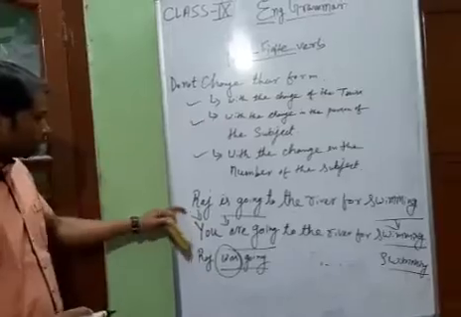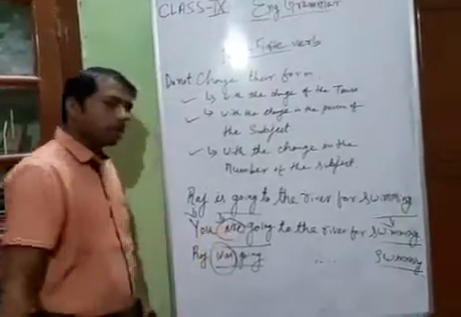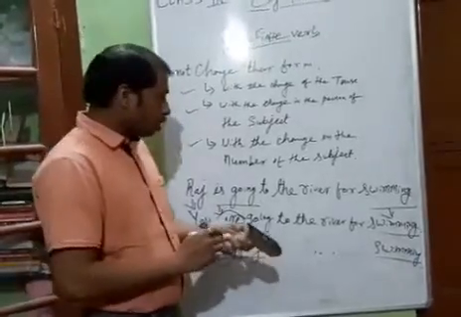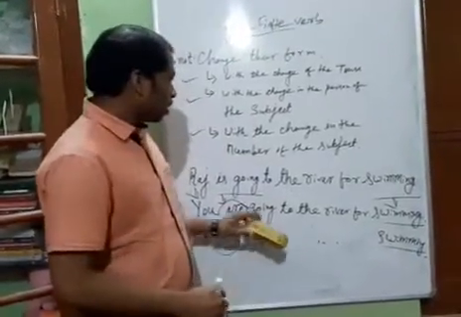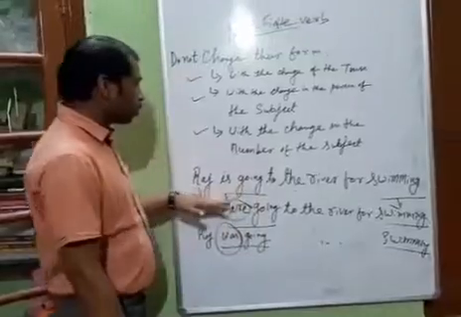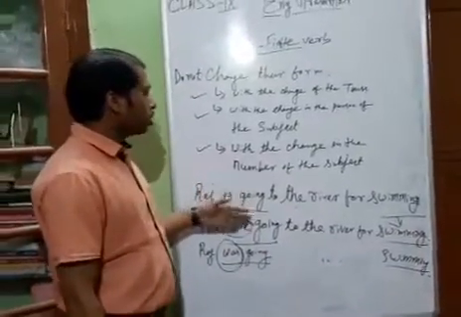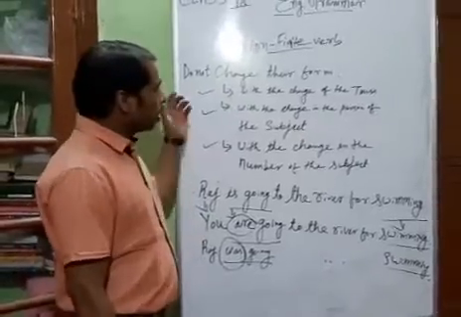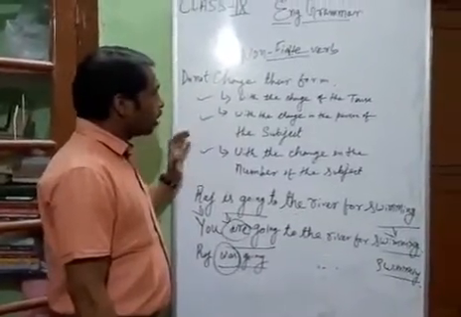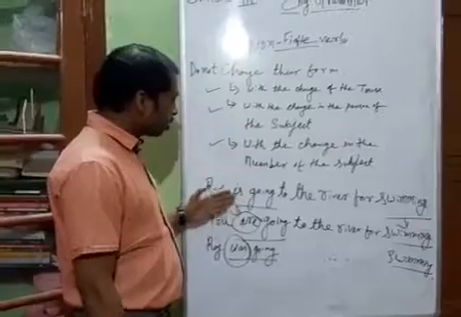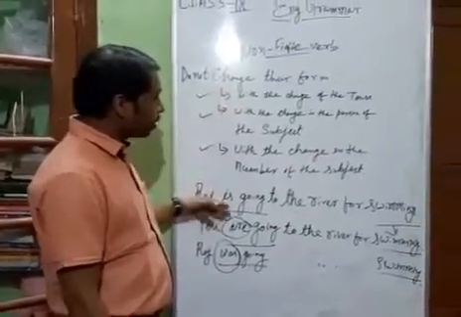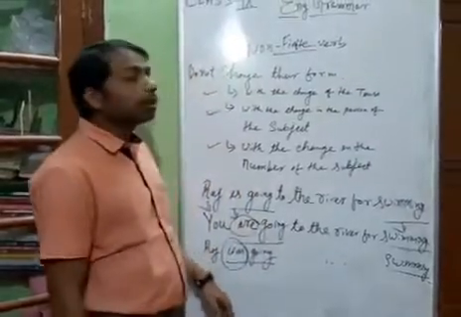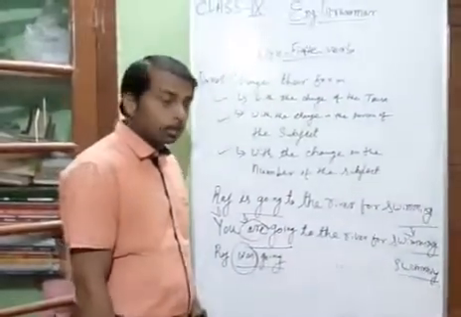The person changed, it got changed. Similarly, the number changes, again it will get changed. So those verbs which change their form with the change of the tense or with the change in the person or number of the subject are regarded as finite verbs, and those which do not change their form are regarded as non-finite verbs.